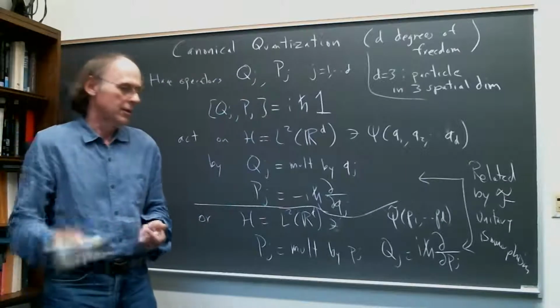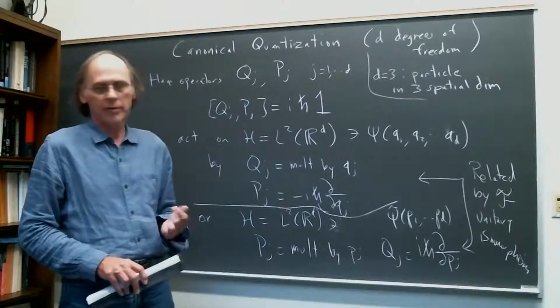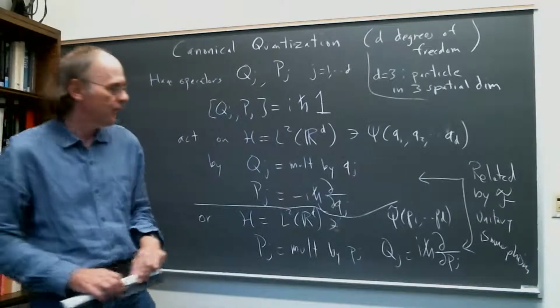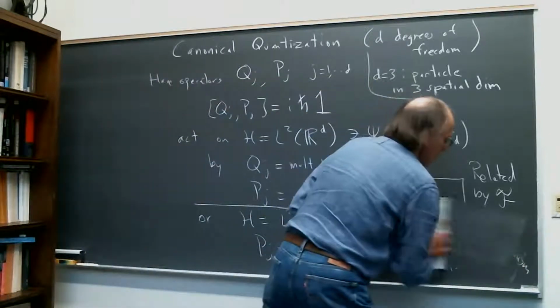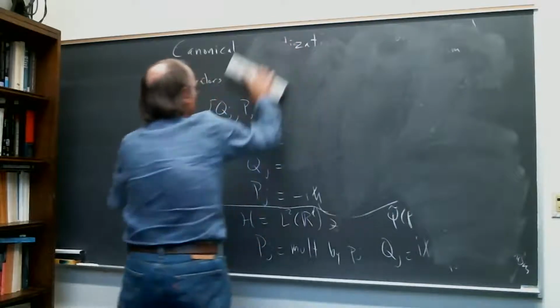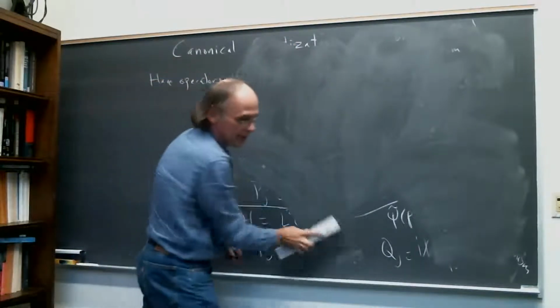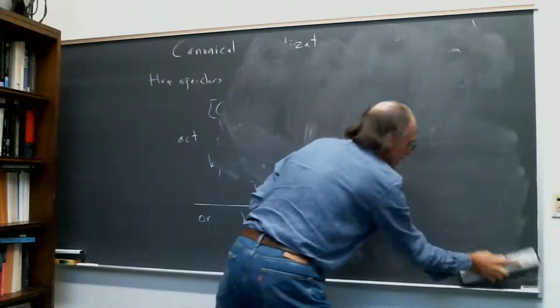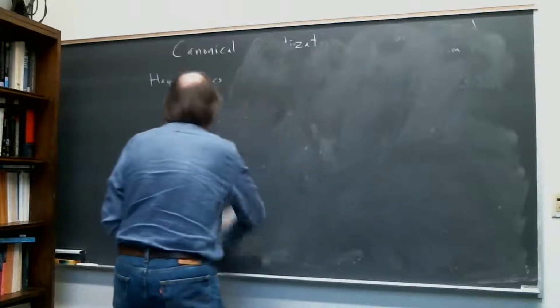We'll develop some technology for doing that next. Okay, so if I want to argue that this is all about a Lie algebra representation, what's the Lie algebra and what's the Lie group?